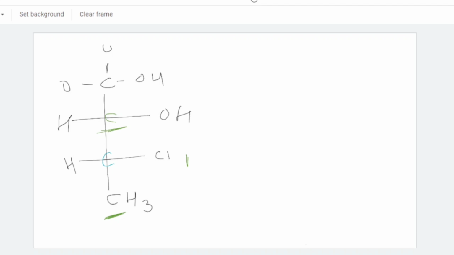This carbon is connected with the first oxygen according to the atomic number first, then carbon and then hydrogen. And this carbon is connected with the 3 hydrogen.